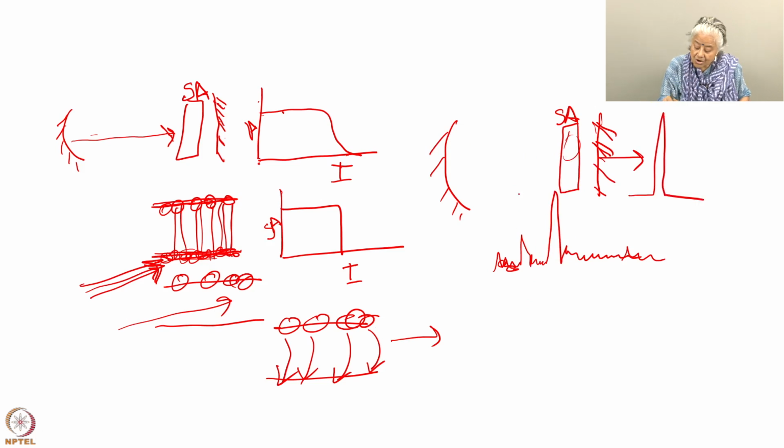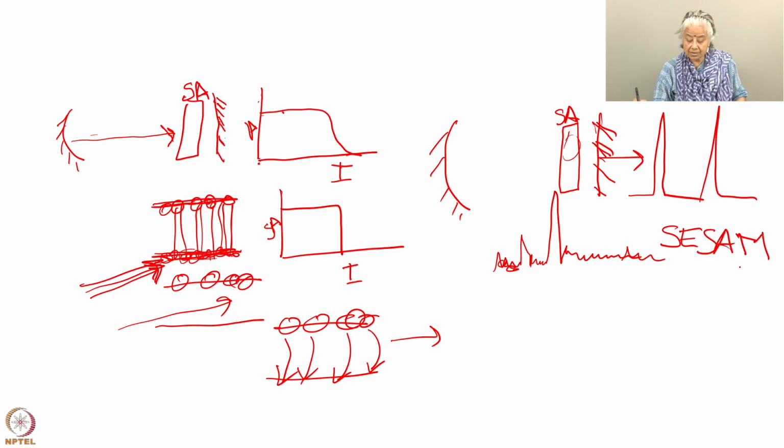Now in the next round trip, again there may have been something similar, and you will get another pulse coming through, and so it will go on. Okay. So that is the job of the saturable absorber. So in semiconductor it is generally called SESAM.